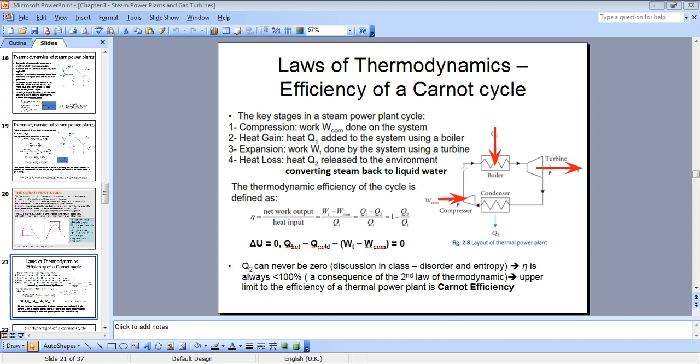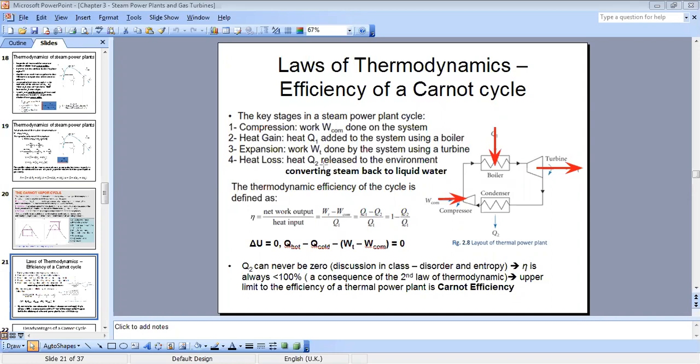Now, if I want to know what W turbine minus W compressor is, I want to relate it to heat. You know that for a closed cycle, what can I say? I can say that the sum of heat plus the sum of work should be equal to 0 due to conservation of energy.